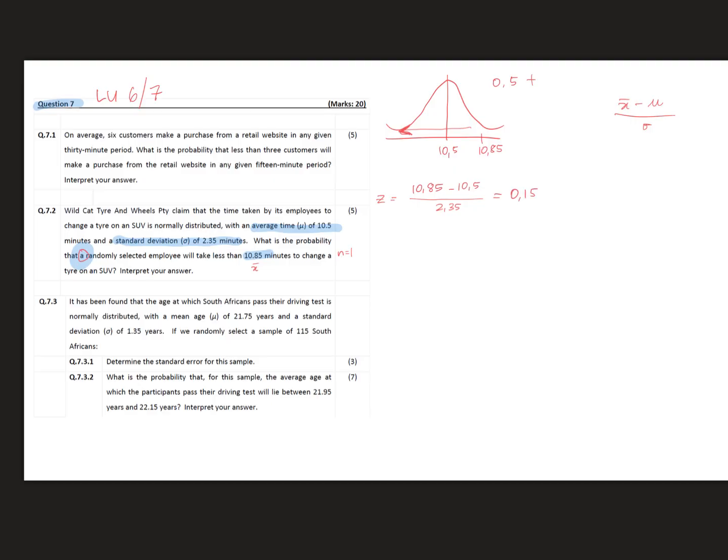And now all you're going to do once you have this is go to your tables. Because you want the value of P, your probability, I'm going to tell you what the value of P is. It is actually in the slides, I've put it into this document.